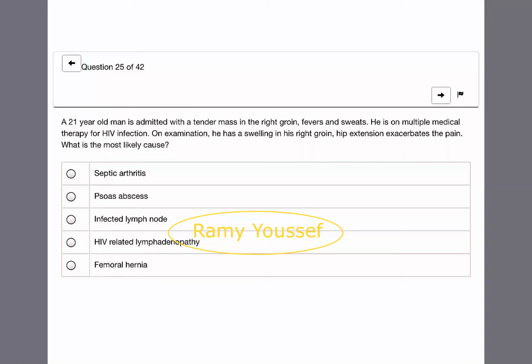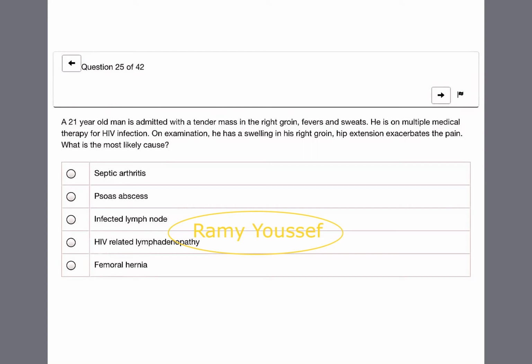Okay, so groin pain, fever, sweats. This is an abscess, so it is not septic arthritis. The patient with septic arthritis will come with joint pain, not a tender mass. An infected lymph node will not affect hip extension.